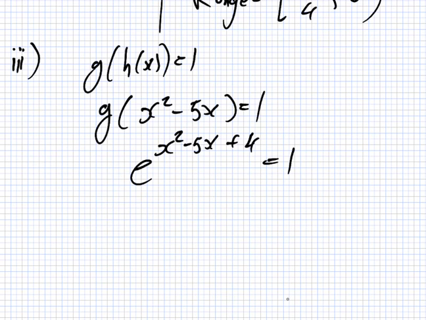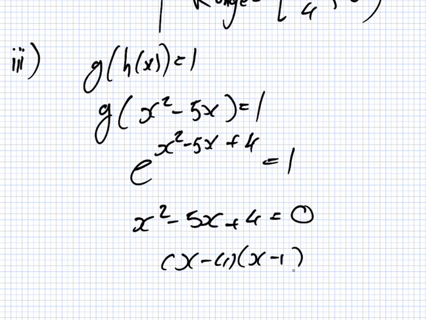So how do I cancel the e? Log. So in fact, if you put log on both sides, you'll get this. But this makes sense, because the only way to make e to a power equal 1 is if the power is 0 anyways. But if you didn't remember that, you just need to put log on both sides. And now this is just a boring quadratic. X minus 4, x minus 1.